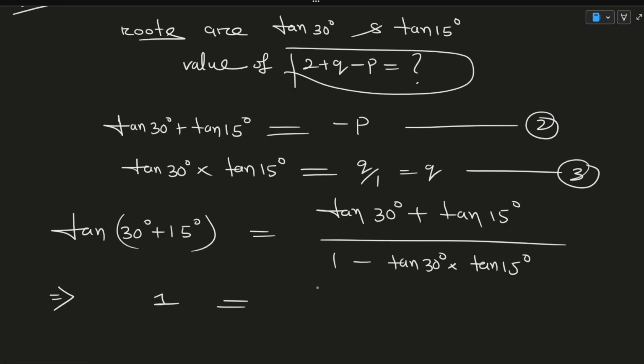So tan 30 plus tan 15 we have as minus p, from equation 1 we can write it here, and multiplying tan 30 into tan 15, it is q.